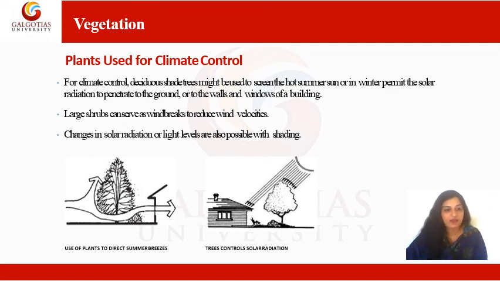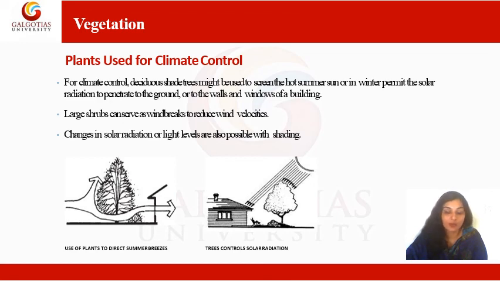I have already shown you this type of image in a previous slide. Large shrubs can serve as windbreaks to reduce wind velocities. Changes in solar radiation or light levels are also possible with shading. Trees perform many functions for climate control. We will discuss it in detail in another lecture. So this is a brief look at how trees affect the microclimate and regulate the climate.